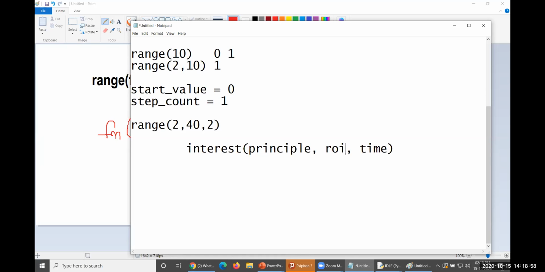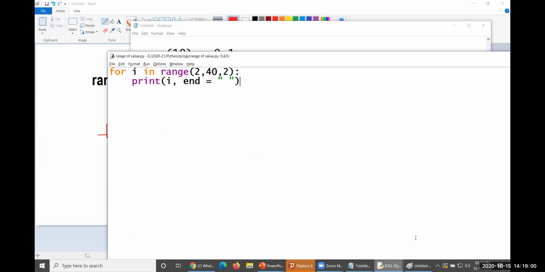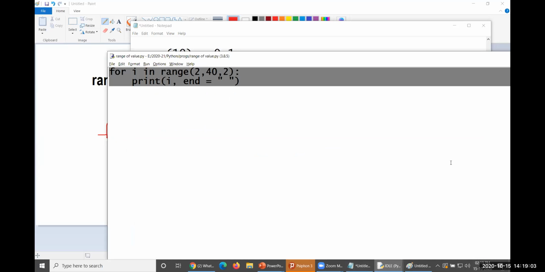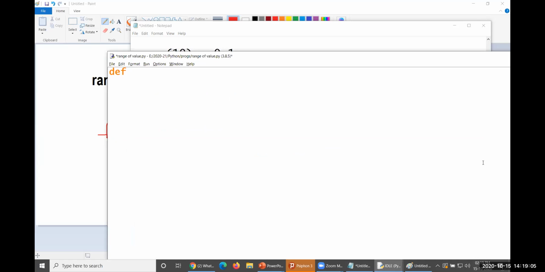Let me show you by taking a practical approach here. Look at this. def, and default parameters will always be created only in functions. Interest calculation is my function name, followed by principal, comma, rate of interest will be equal to, let me say, 10 percentage.